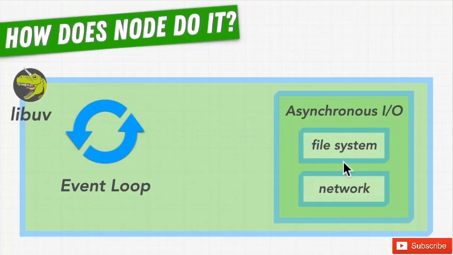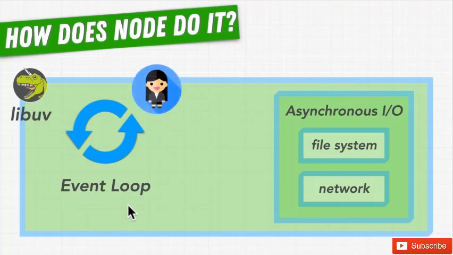So all of our JavaScript code is running on the main thread, and any asynchronous functions are put on the event loop, which then goes off and tells your operating system to run the asynchronous function, notifying the event loop when the result is ready.